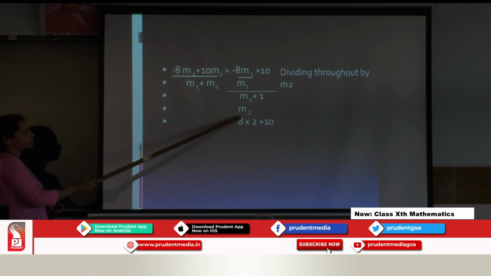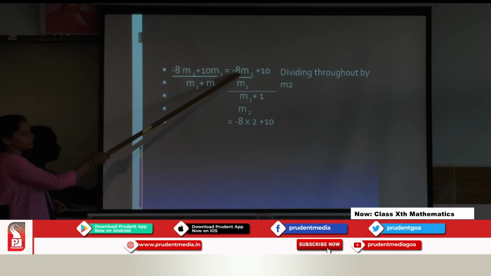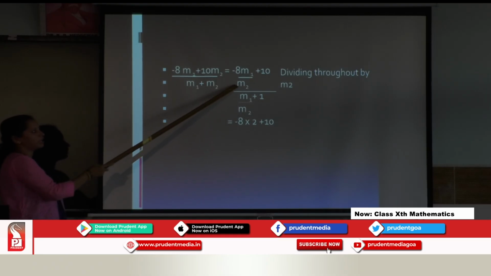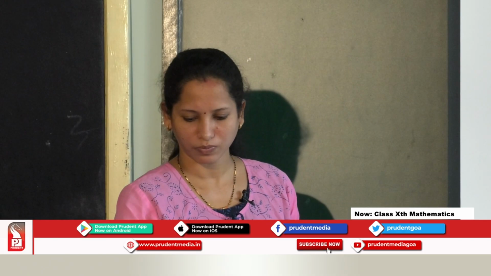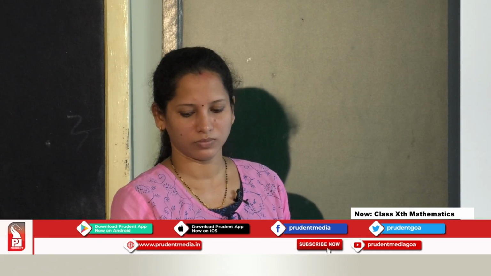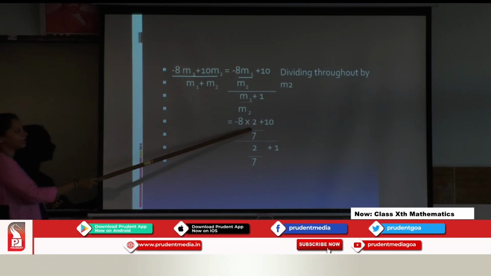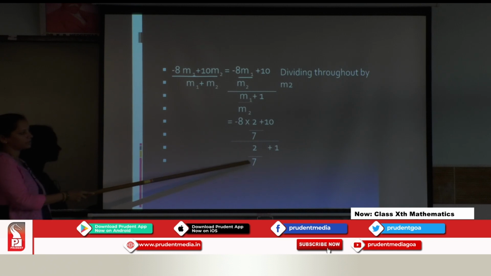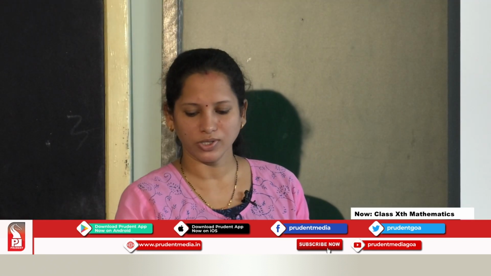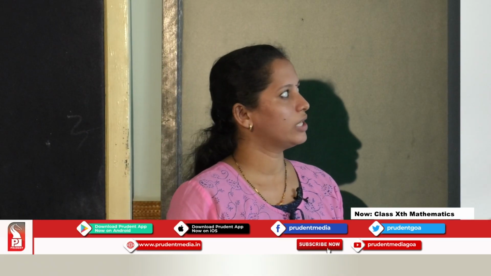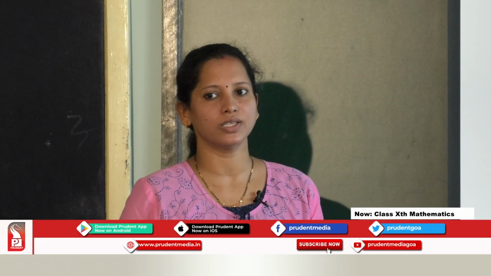Here M1 upon M2, and M2 upon M2 will be 1. Now here we have substituted the values of M1 and M2, that is M1 is equal to 2 and M2 is equal to 7. So (-8 into 2 upon 7 plus 10) upon (2 upon 7 plus 1). On solving this we will get 6. So that's why this is correct.